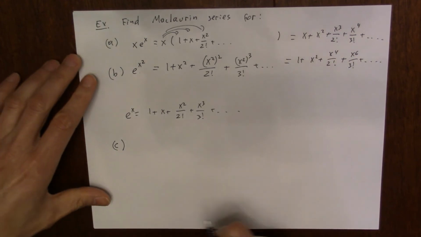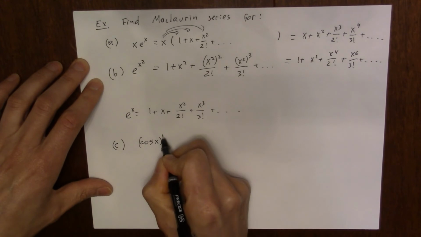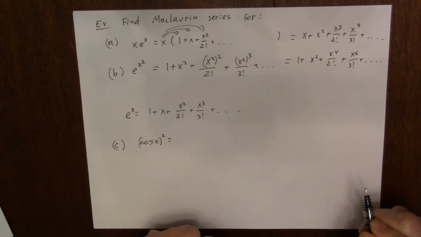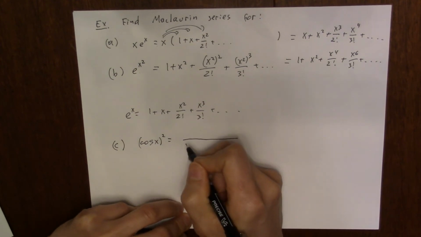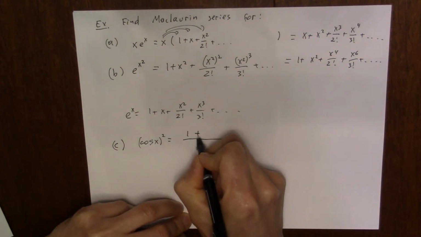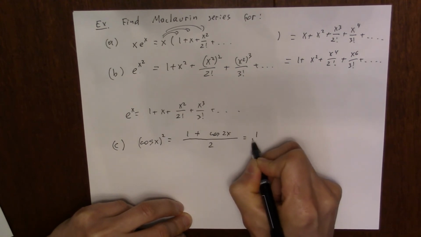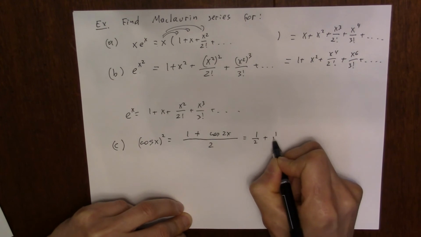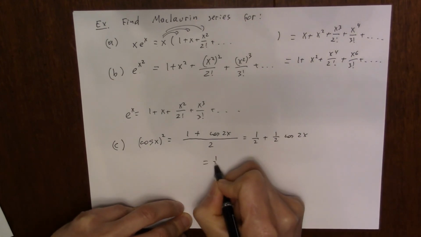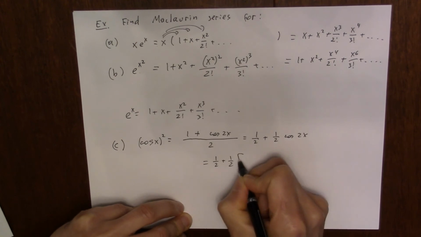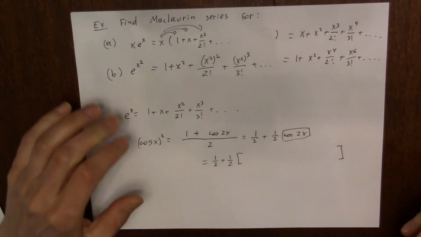If we want to get the Maclaurin series for cosine of x squared, we're going to be using a trig identity, which says cosine squared of x equals 1 plus cosine of double argument over 2. So we're going to get 1/2 plus 1/2 cosine of double argument. And we're going to write down the Maclaurin series for cosine of 2x.